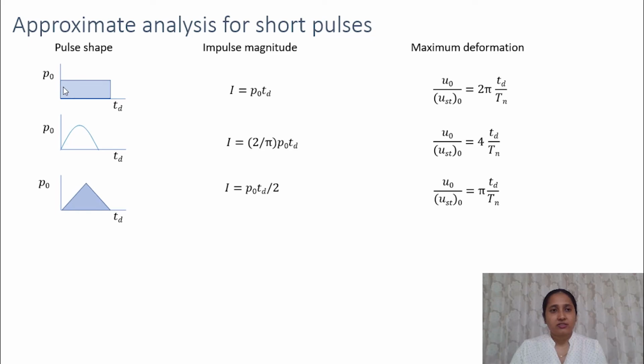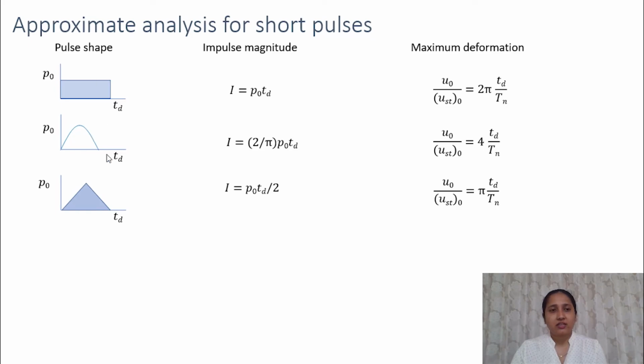In the case of a rectangular pulse, it can be expressed as an impulse with the magnitude P naught Td. The maximum normalized deformation, that is the dynamic amplitude divided by the static amplitude, would be 2 pi Td by Tn.